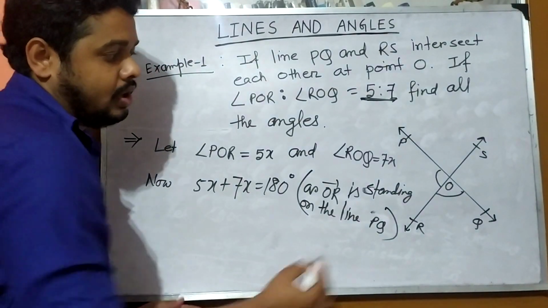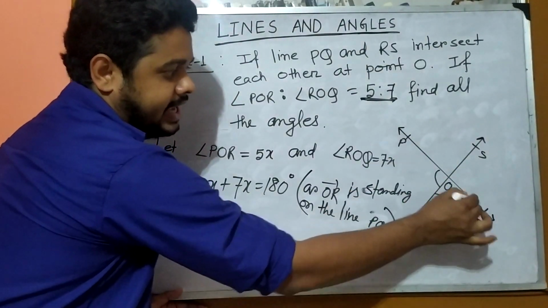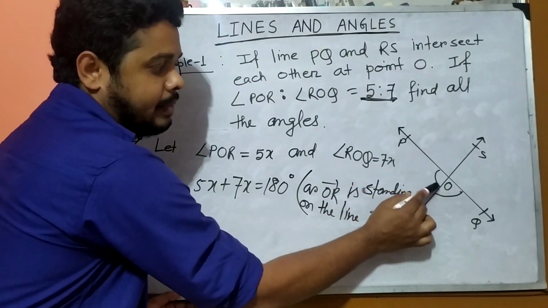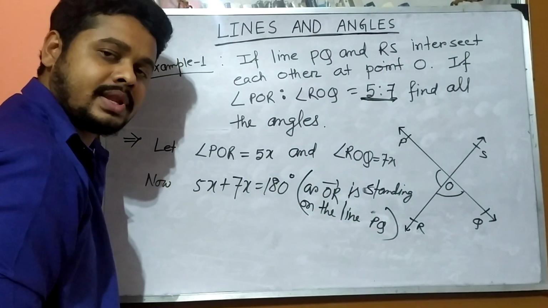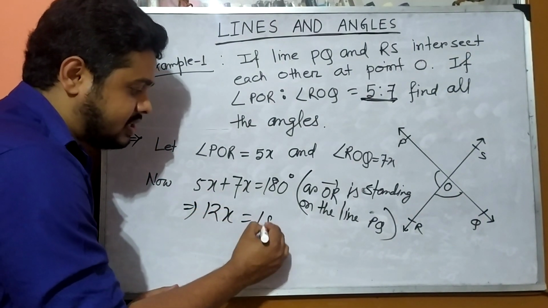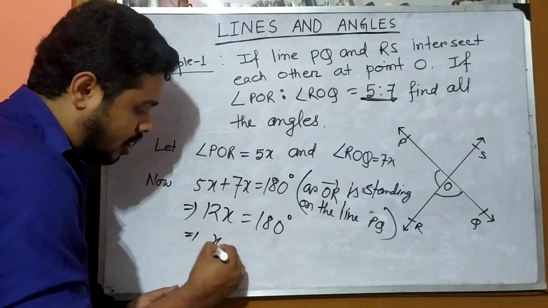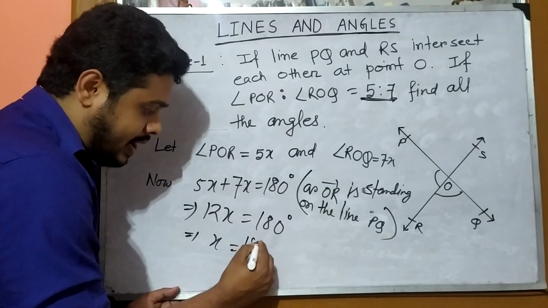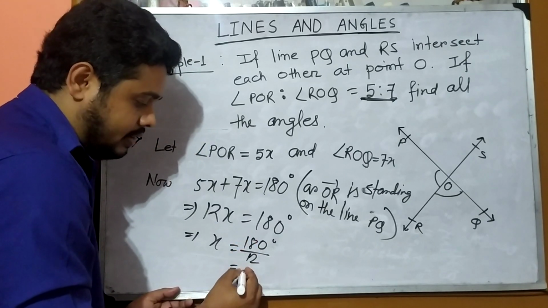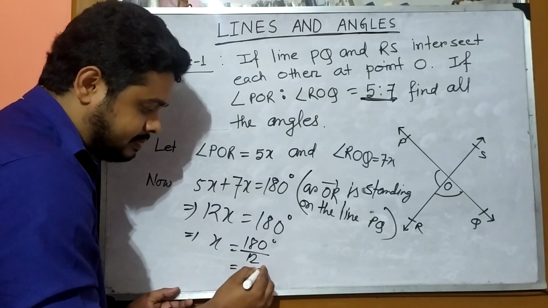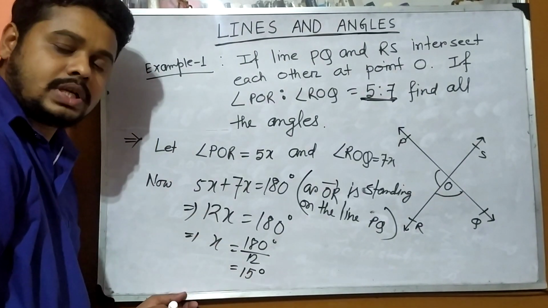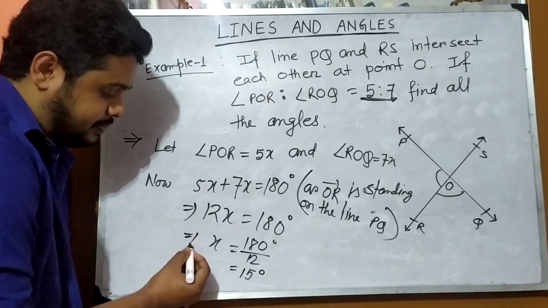You can see OR is standing on the line PQ. So by linear pair of angles, the sum of these two angles is 180. Now this implies 12x equals 180 degrees, or x equals 180 by 12, that is 15 degrees. Clear?